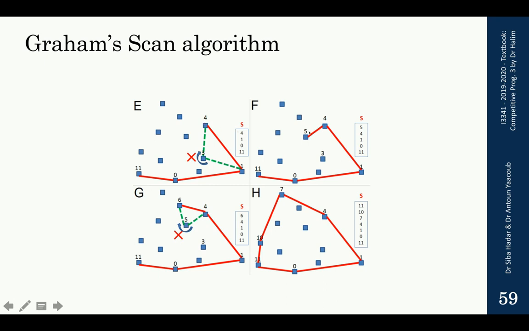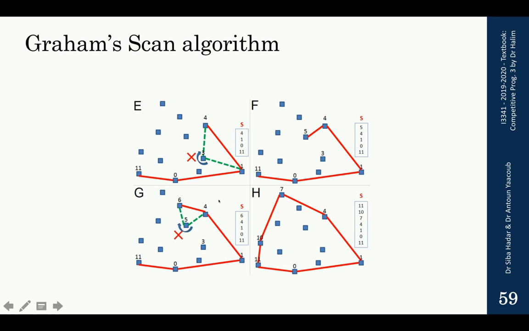We arrive to 5, and we have 1, 4, plus 5. 1, 4, 5 is counterclockwise, so we successfully add 5 to the stack. We arrive to 6, and we will see whether 4, 5, 6, look, this is an angle, is this counterclockwise?